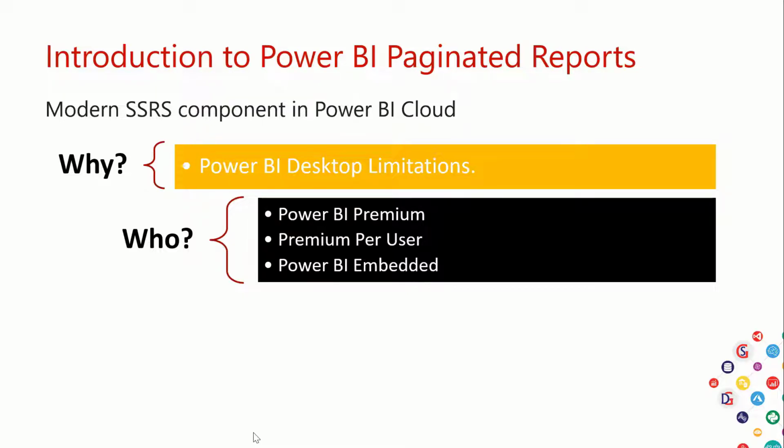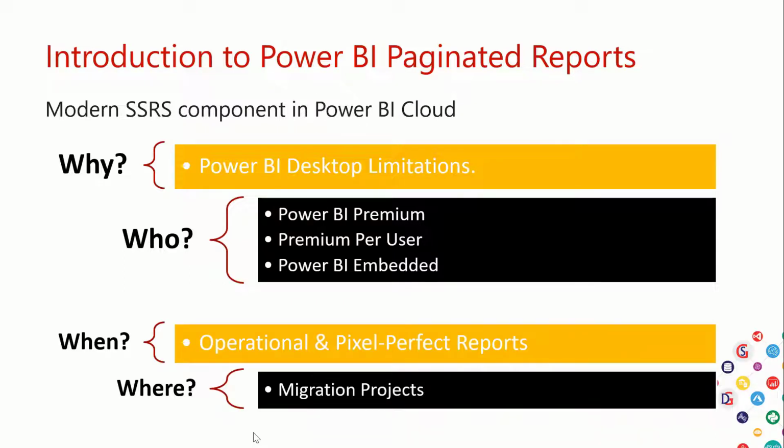If you want to leverage this Power BI Paginated report, that workload is available under Power BI Premium capacity, Premium per user, and Power BI Embedded. Which means you have to have any one of these premium capacities to make use of Power BI Paginated reports. With the recent release of Power BI Premium per user, small scale organizations have started leveraging this Paginated report as one of their BI solutions.